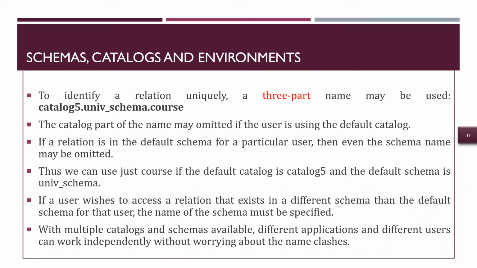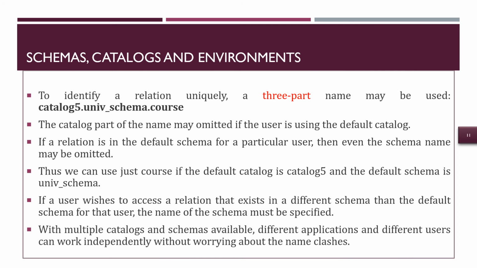And if a relation is in the default schema for a particular user, then even the schema name can be omitted. If a user wishes to access a relation that exists in a different schema than the default schema for that user, then the name of the schema must be specified.